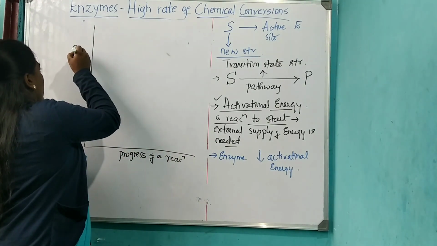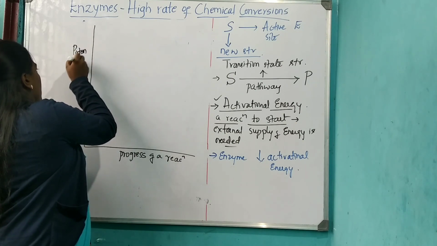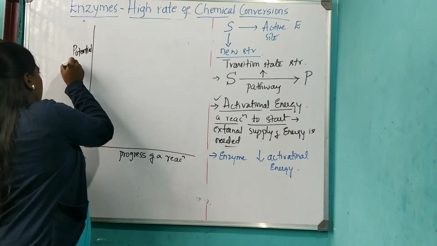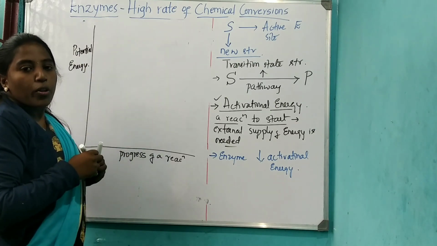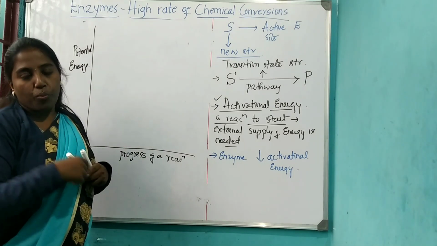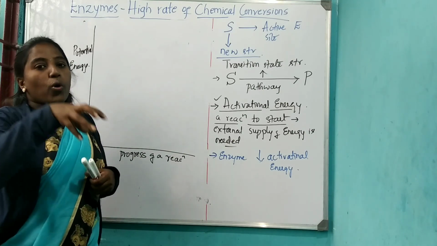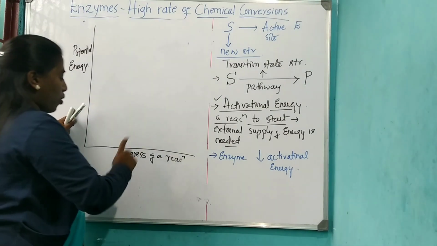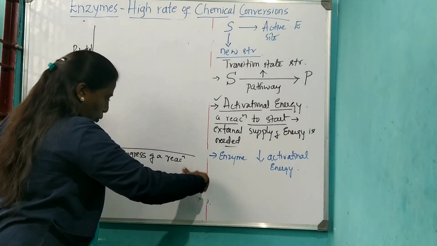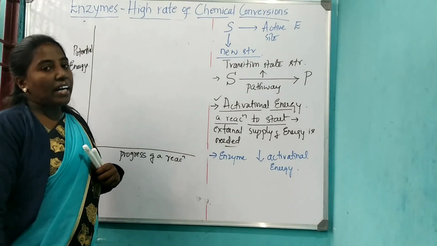What is potential energy? Potential energy is nothing but the stored energy. That we take on the y-axis, and on the x-axis we take the progression or progress of a reaction.